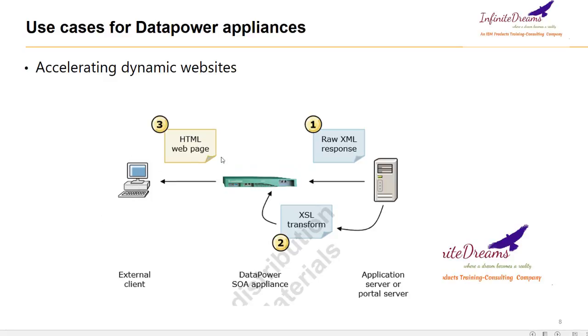That request has gone to the server through Data Power, and the server responds with some information or some big data to the client. As we know, in the browser whatever we see is in the form of HTML. Any data coming from the server has to be converted to HTML, and only then can it be displayed in the browser.